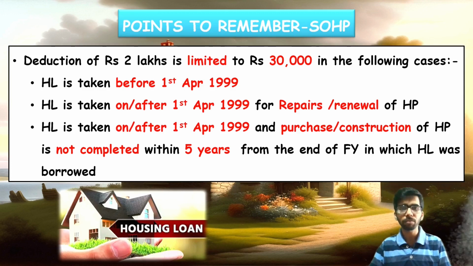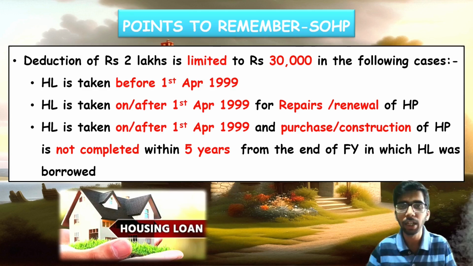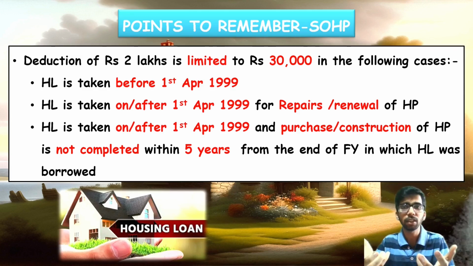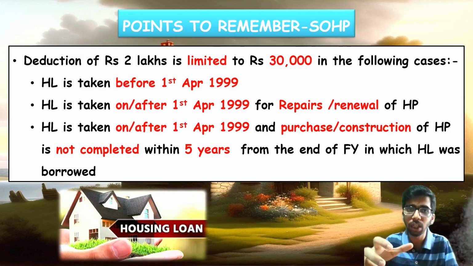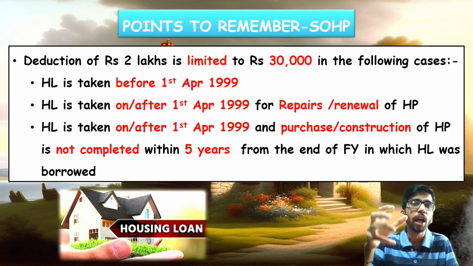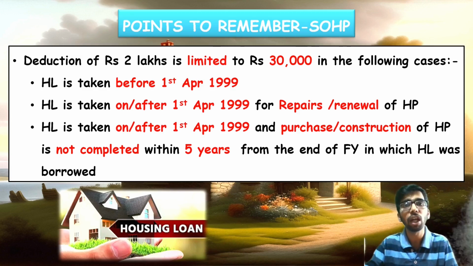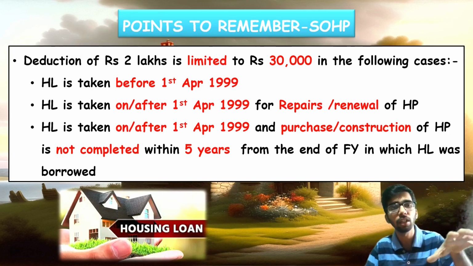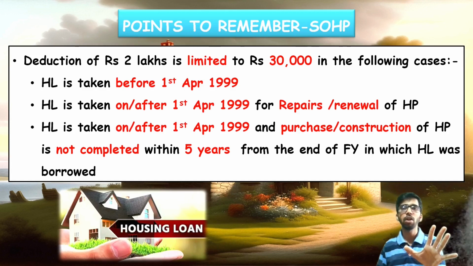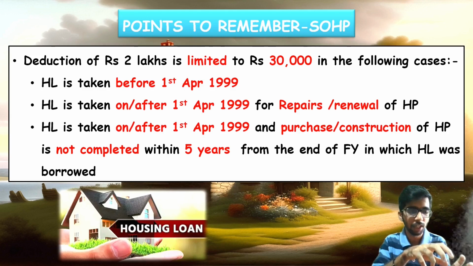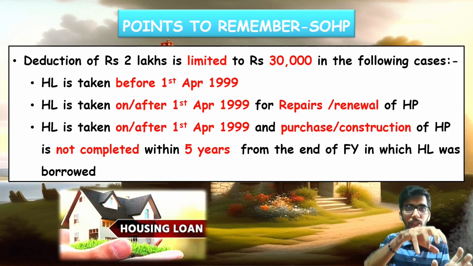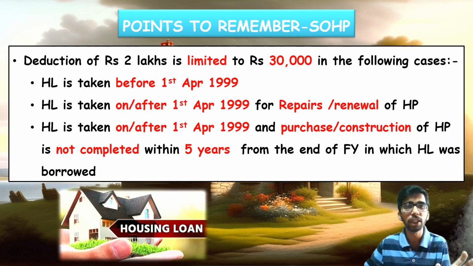In the third case, if that housing loan is taken on or after 1st April 1999 and the purpose is for purchase of a new house property or construction of a house property, but that construction is not completed within 5 years from the end of the financial year in which the housing loan is borrowed. As per income tax law, if you borrow a housing loan for construction purpose, that construction should be completed within 5 years from the year in which that housing loan is borrowed.